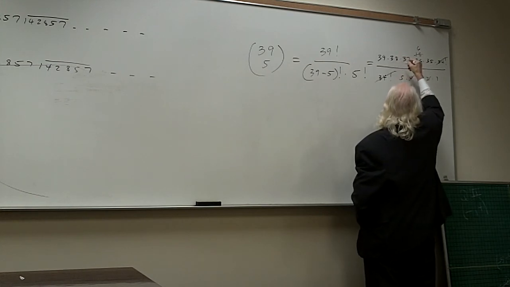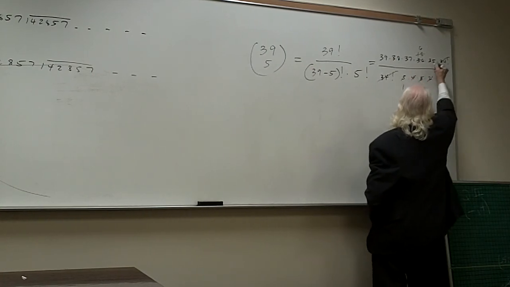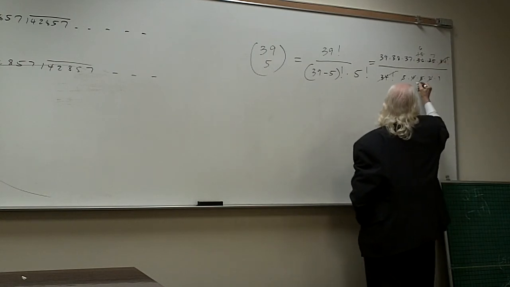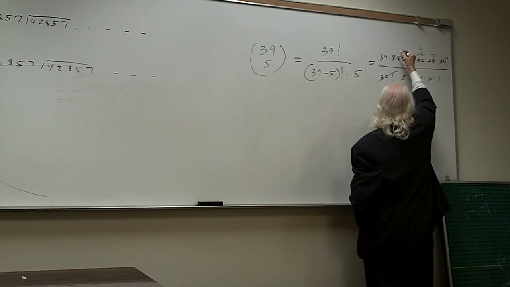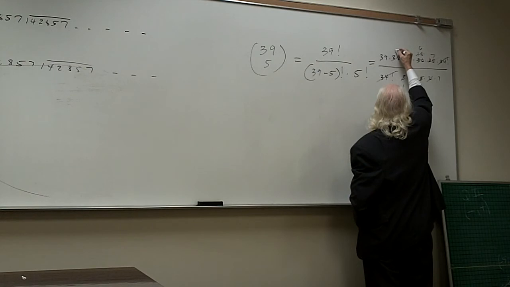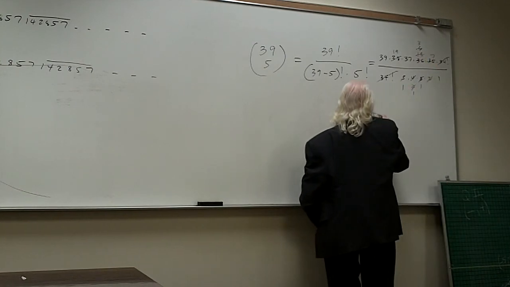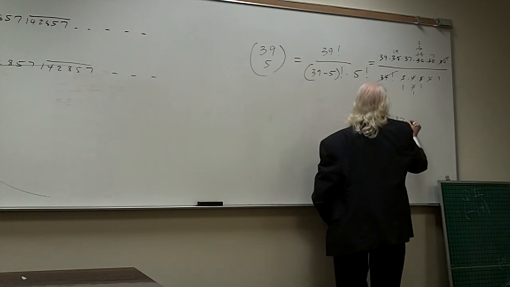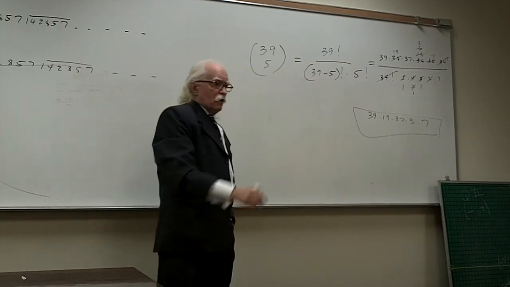No, it was wrong. 5 will cancel with 35, 5 times 7 is 35. Divide 38 by 2, you get 19. Divide this 2 by this, you get a 3. So how much is 39 times 19 times 37 times 3 times 7? Do that arithmetic. Hurry.